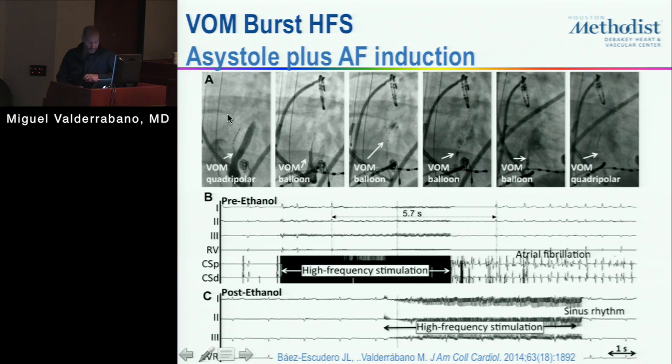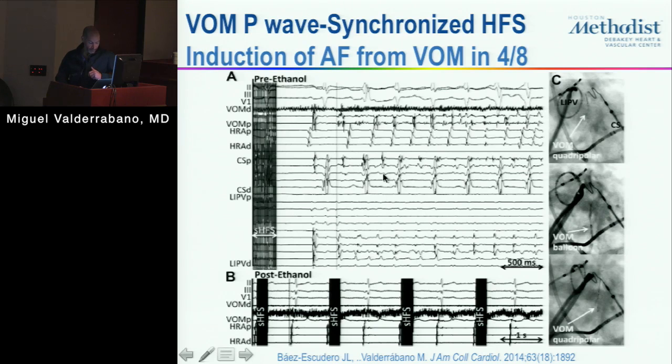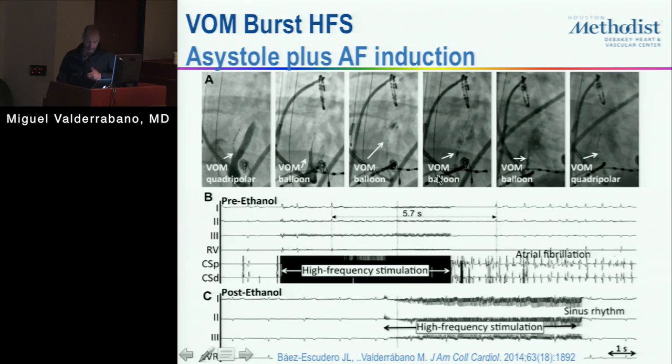So again, this was in patients. We induced this vagal response and atrial fibrillation. After alcohol, we got rid of both things. Now, you could say, well, you don't induce AFib because the myocytes are dead by alcohol. Sure. But the AFib that we induce also without capturing the myocardium was no longer inducible by that mechanism.